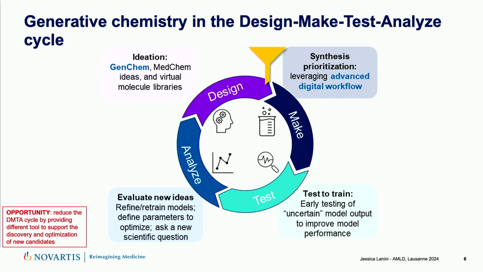In this context, active learning is also quite well used, to prioritize compounds that are promising not only for the project itself, but also from the model perspective, to improve the model later on.